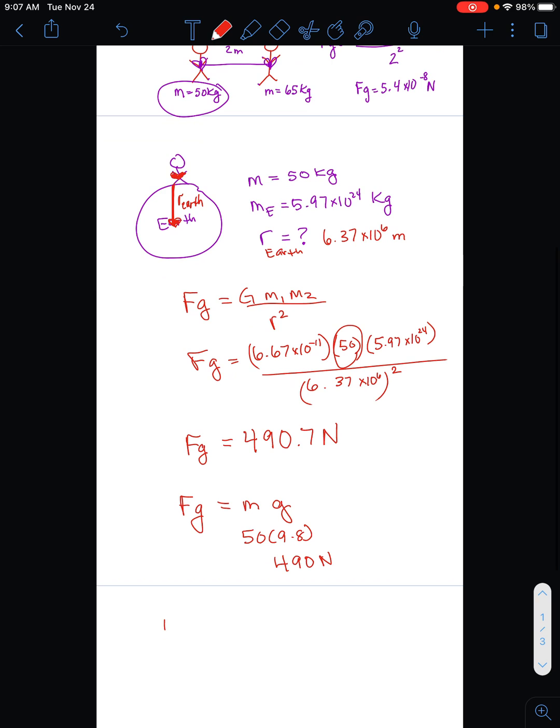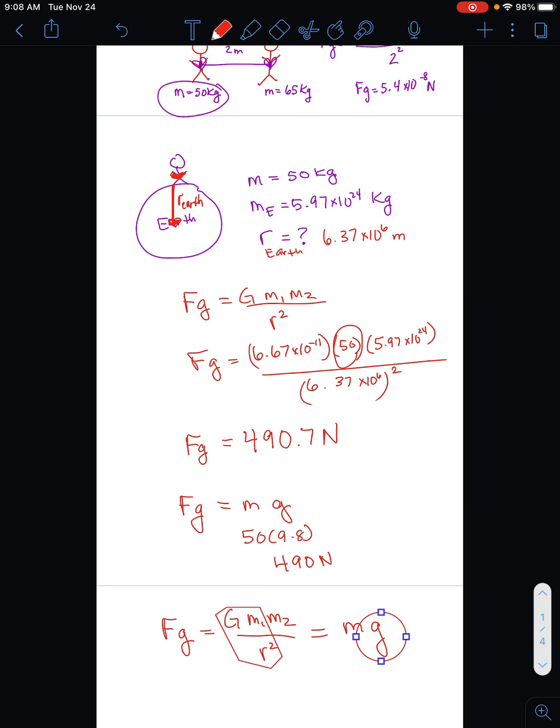I guess that means that this equation, force of gravity equals G m1 m2 all over r squared, is the same thing as the force of gravity equals m times g. I think that means that this right here is the same as this right here.